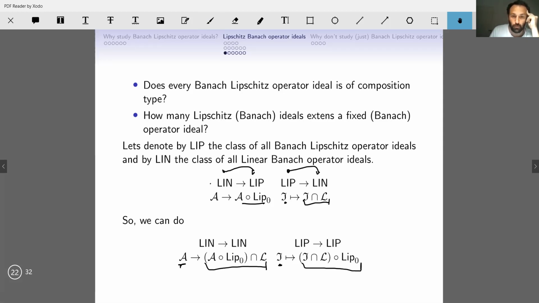So what is the relation between this linear operator ideal A and this new linear ideal, and also between this Lipschitz ideal I and this new Lipschitz ideal? Is there some sort of connection or relation?